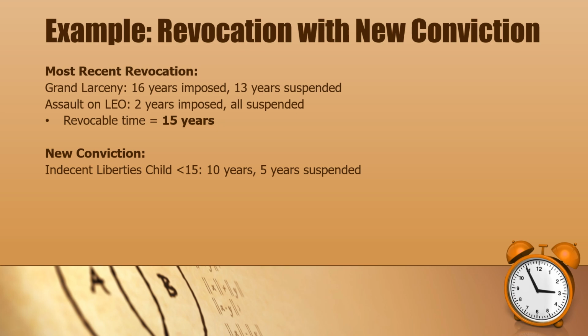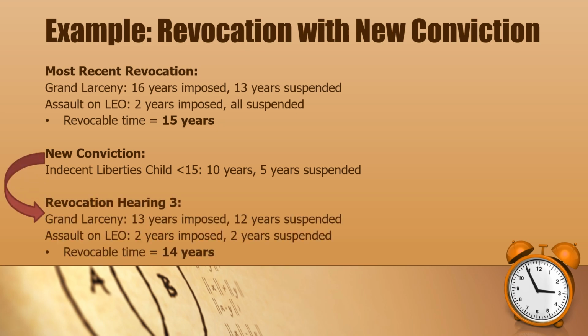This new conviction obviously violates his current probation obligation, so the defendant appears before the judge and is given another year to serve on the grand larceny conviction and has the full 2 years for the assault suspended again. From the revocation on the original underlying offenses, he now has 14 years hanging over his head, but then he also has the suspended time for the new conviction.